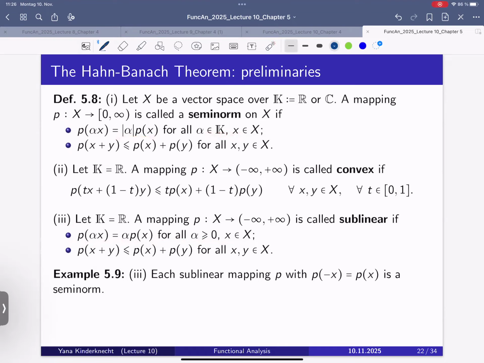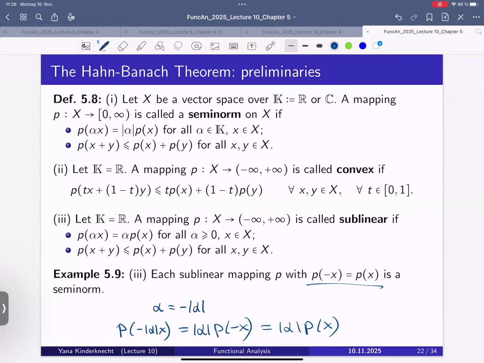For positive alphas, these two things are the same. For negative alpha, we may represent alpha as minus absolute value of alpha, and then P of minus absolute value of alpha times x is absolute value of alpha, P of minus x, which, under this assumption, is P of x.